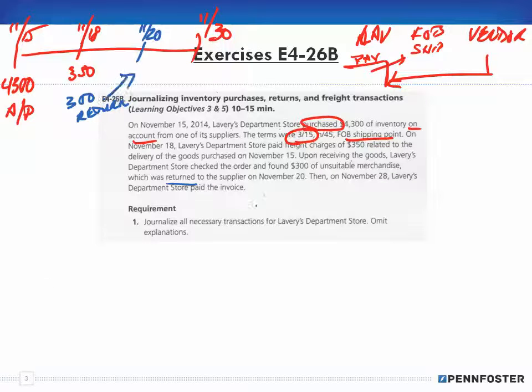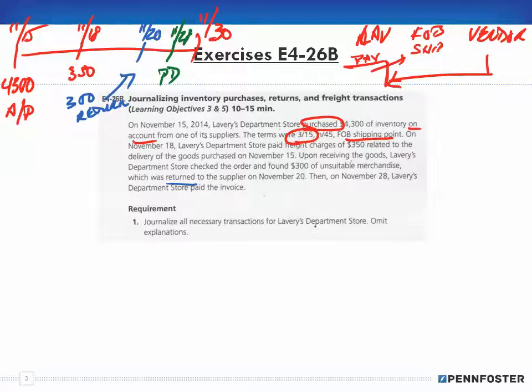Okay. And of course, who's paying that? Well, Lavery's paying that because he's returning it. I mean, he paid for it coming, he's going to pay for it going back to the vendor. All right. So then on November 28th, Lavery pays the invoice. So now he pays the invoice in full.